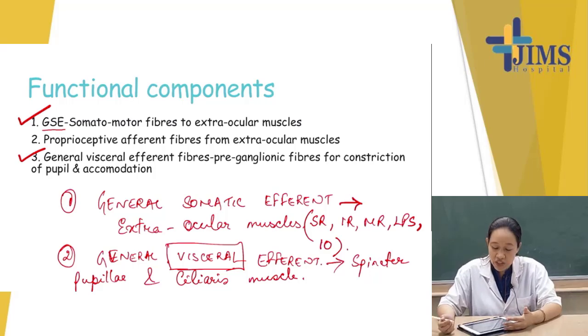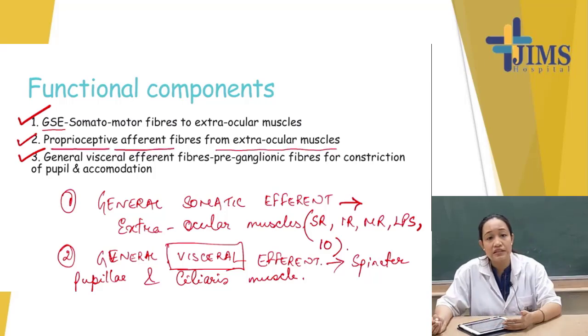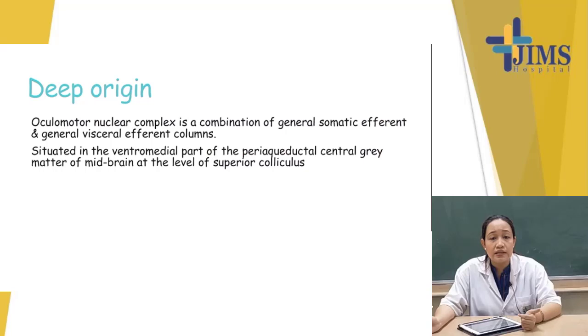So we have first general somatic efferent and the general visceral efferent fibers. Then lastly we have proprioceptive fibers from the extraocular muscles. So these are the functional components. You need to remember general somatic efferent and general visceral efferent and what the function of each is.